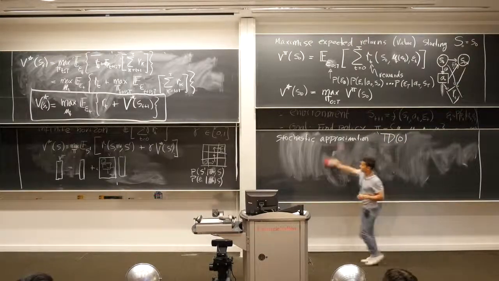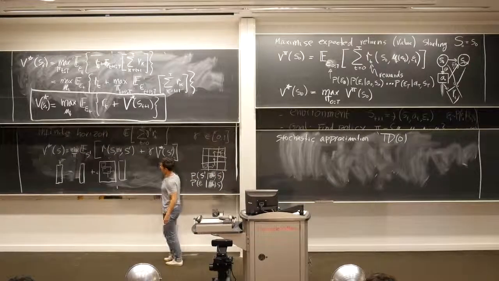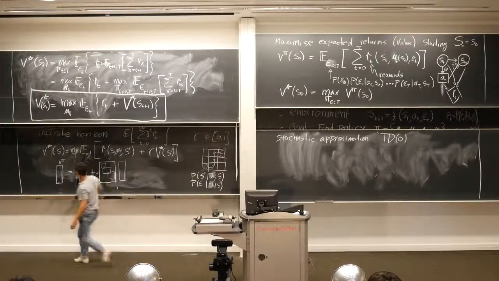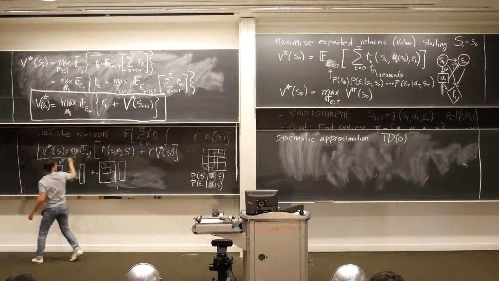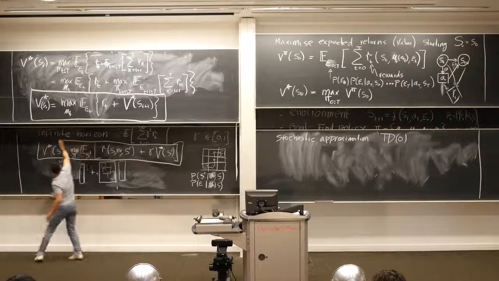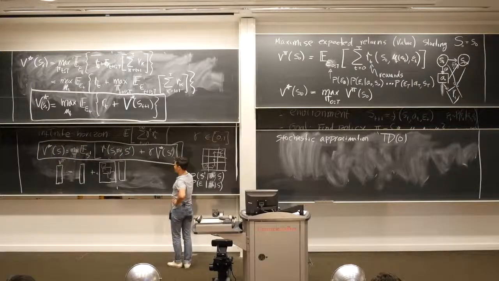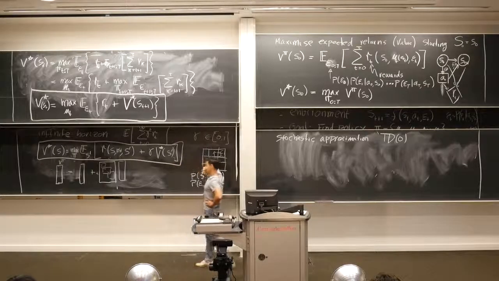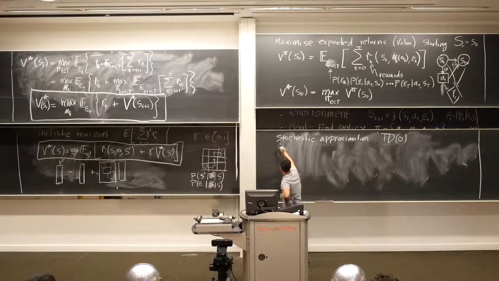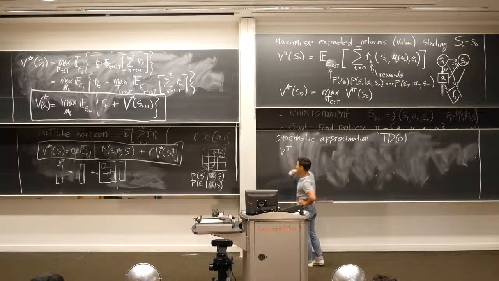In order to do stochastic approximation, I'm going to go back to this equation, either this one or that one, it doesn't matter. Let's pick the infinite horizon one. And I have an expectation here. I'm first going to remove the maximization step and make this a function of the policy.